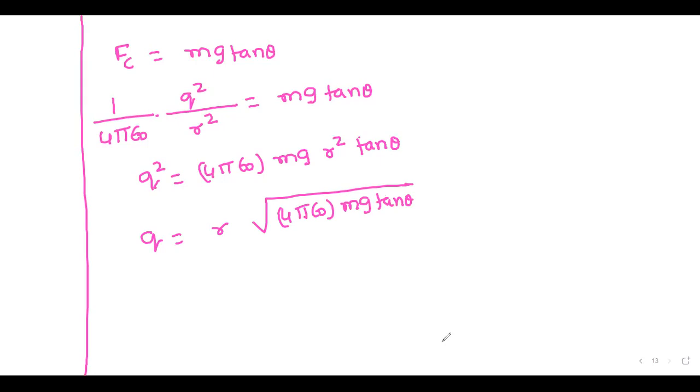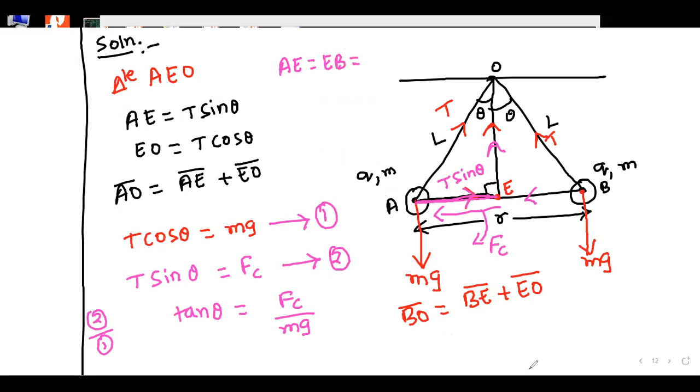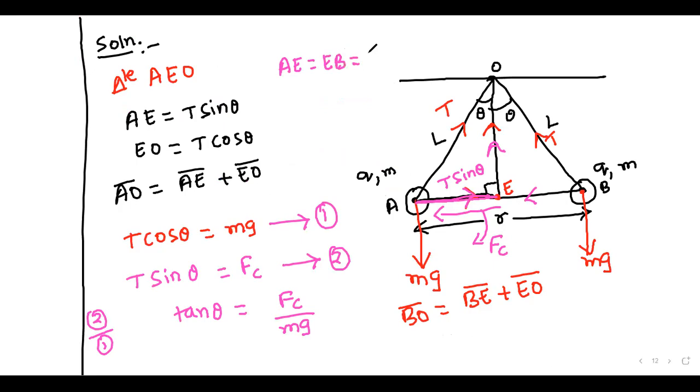Since, from the diagram you can see, AE is equal to EB. Since OE is the perpendicular bisector, AE equals EB equals r by 2, and AO equals L. Now I want to find a relation between these two.